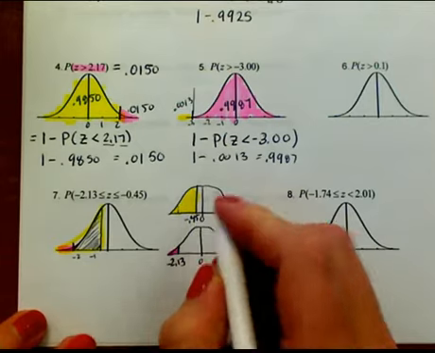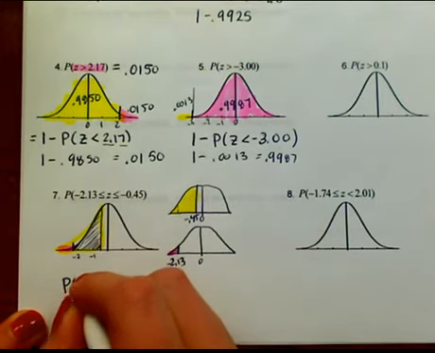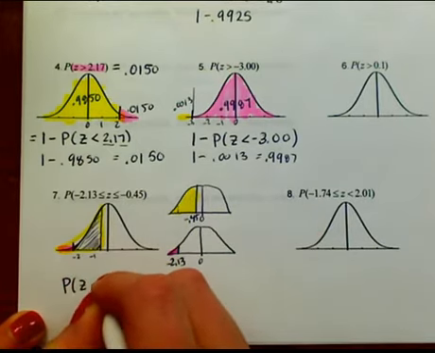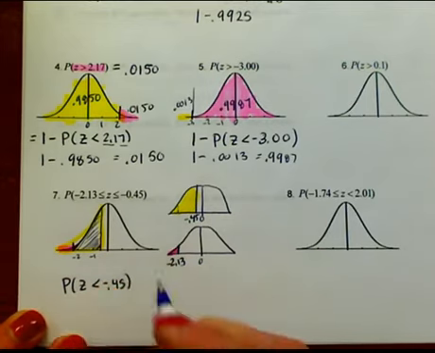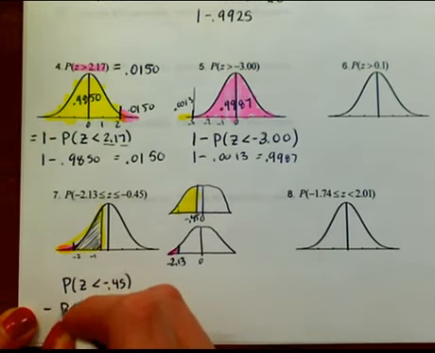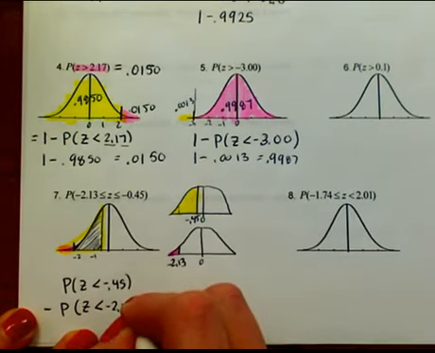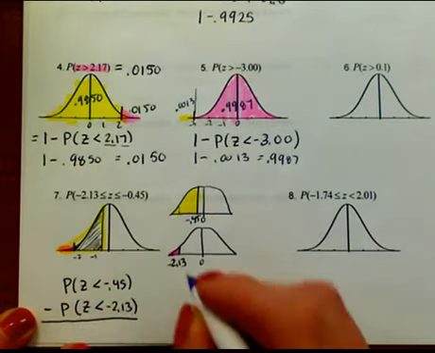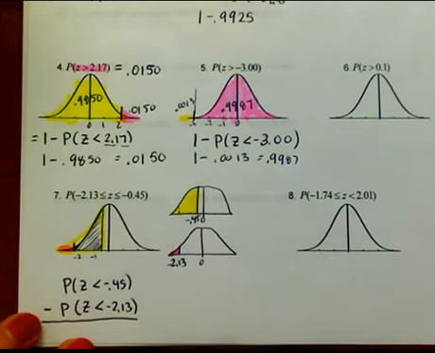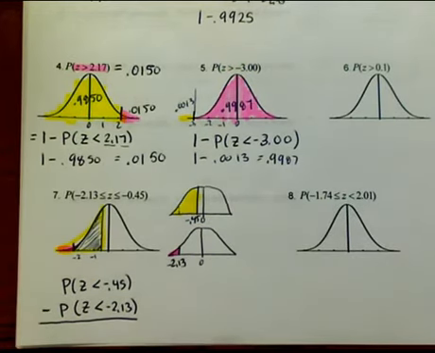So we're going to look up the probability that z is less than -0.45, and then we're going to subtract the probability that z is less than -2.13. Okay, here we go. -0.45.